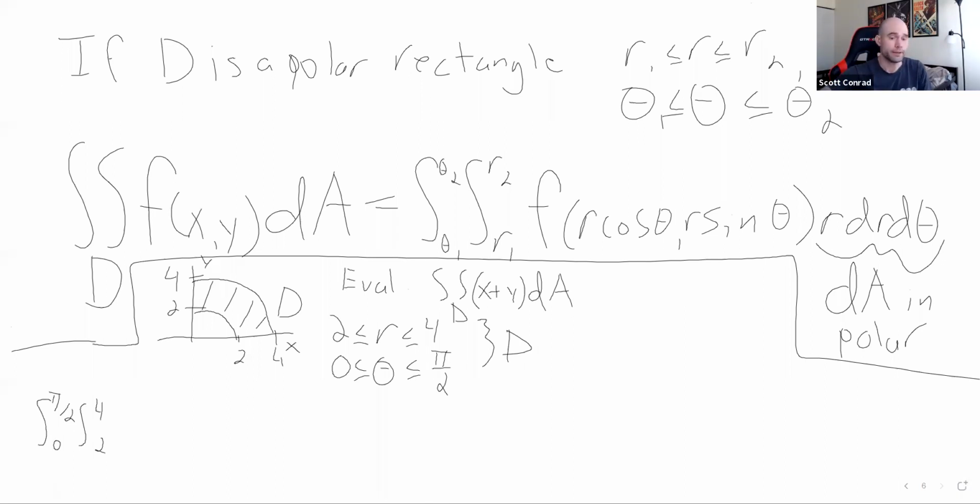Okay, so x plus y. We need to replace x where we see it with r cos theta and y with r sine theta. So x becomes r cos theta, and then y becomes r sine theta.